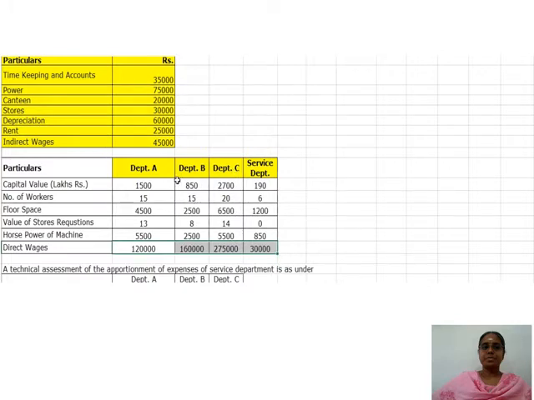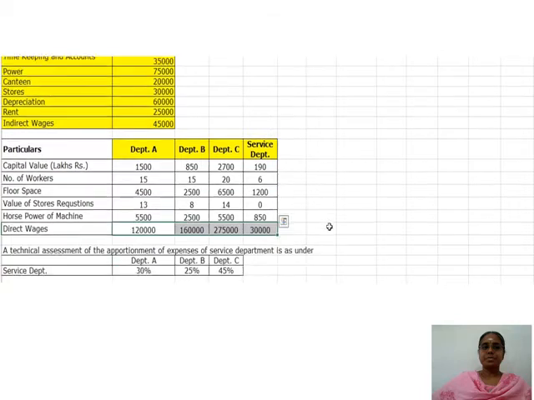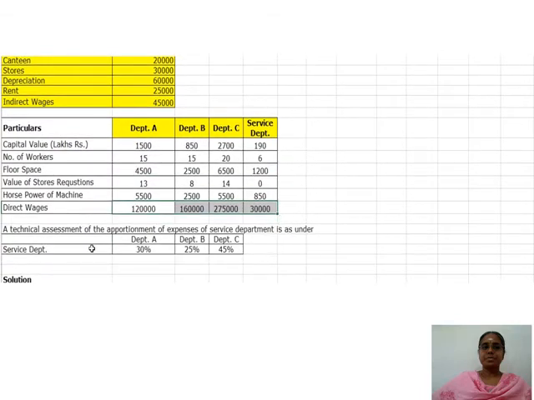Now, and one more data is given in the question. The service department is offering its services, total services 30% to Department A, 25% to Department B, and 45% to Department C.